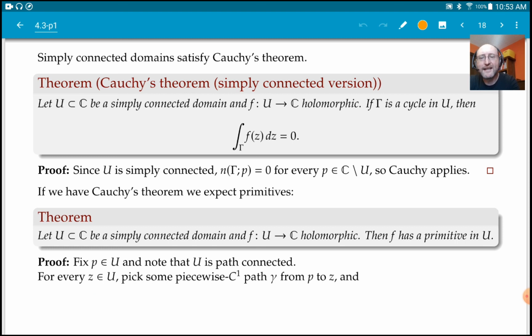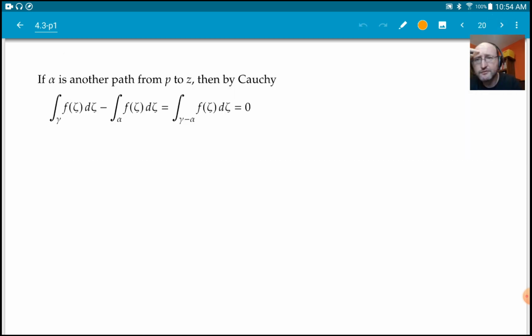So for every other point z in U, we pick a gamma from P to z, and we define this capital F, that's going to be our primitive, as the integral of f over this gamma, right? So at this point, for every z, there is a fixed gamma, right?